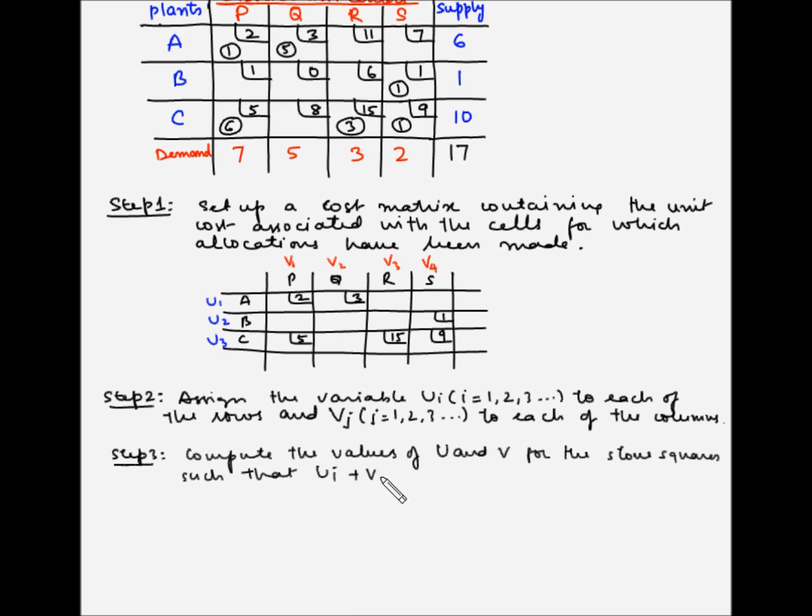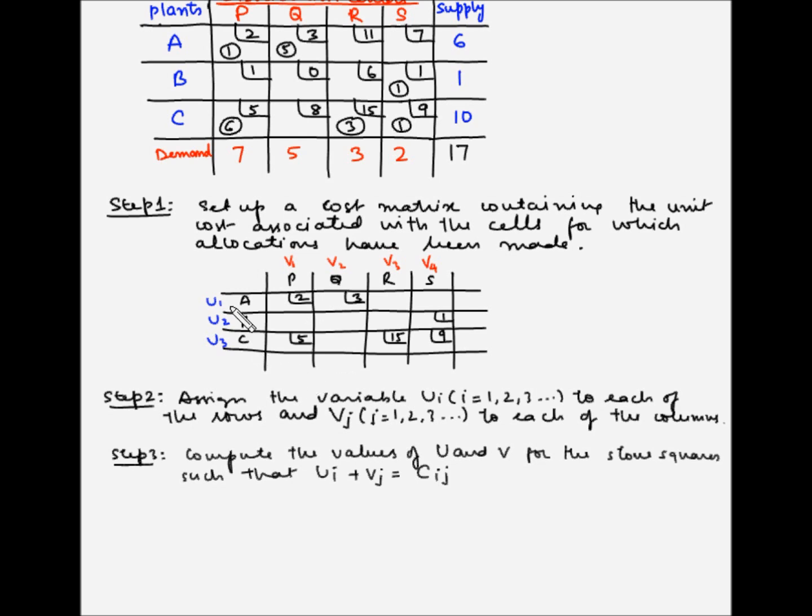So u is this variable, v is this variable, and cij is the cost associated with the cell at the intersection of ith row and jth column.